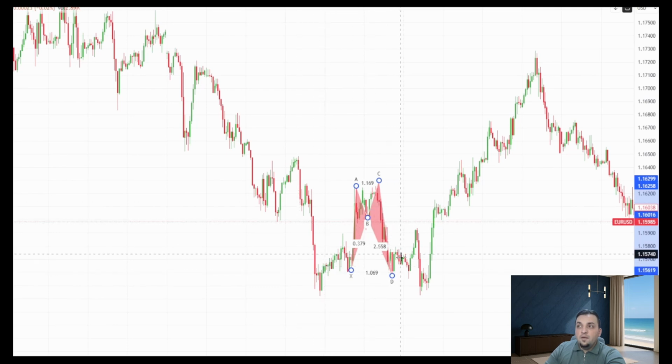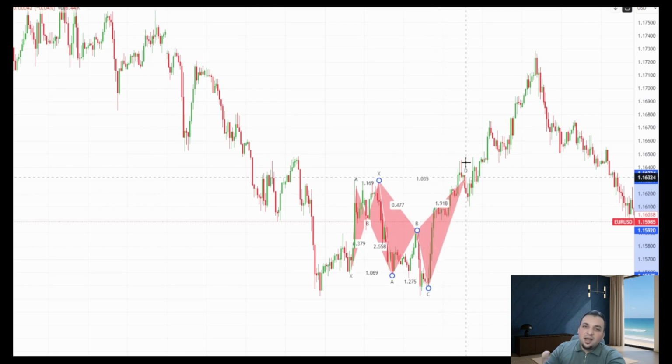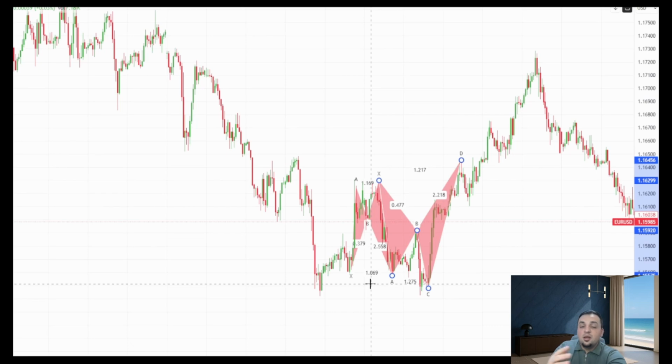Okay, so after that M pattern, as you can see, if we take the X to A, A to B, B to C, it started creating a bearish pattern, but this bearish pattern was created after it already reached the minimum.